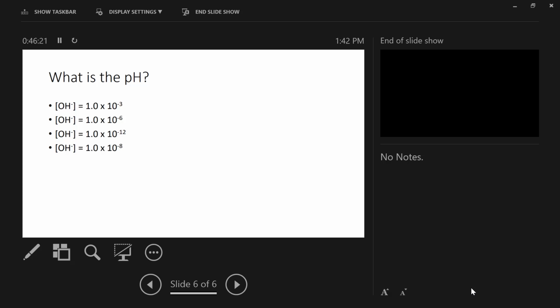You could dilute them down and still maintain a pH of 0, because once you saturate your solution with hydrogen ions, it's saturated.